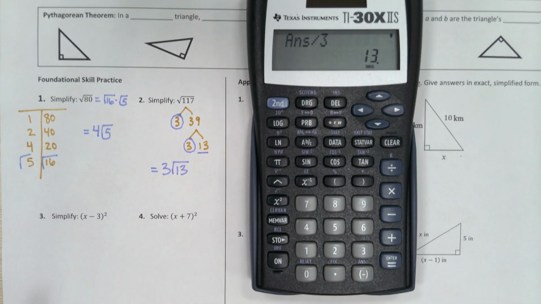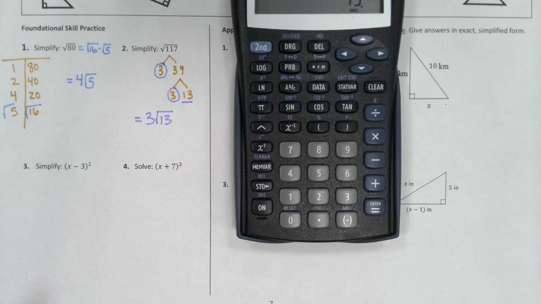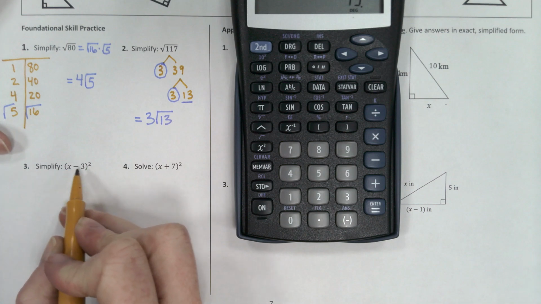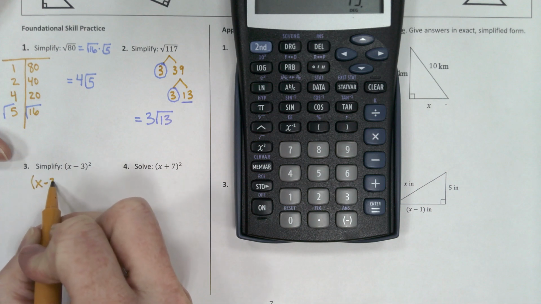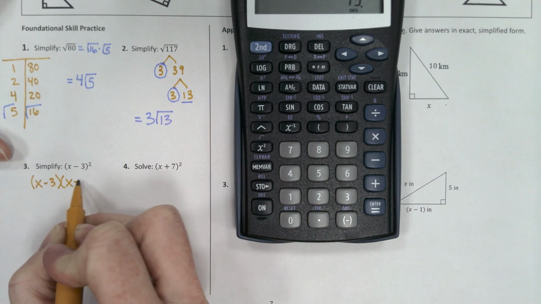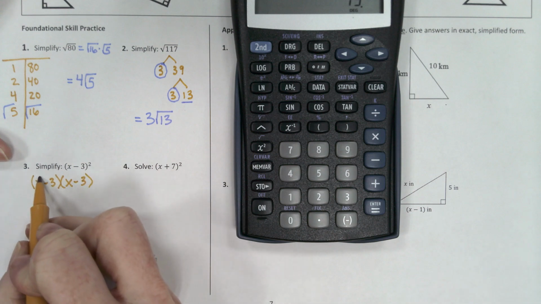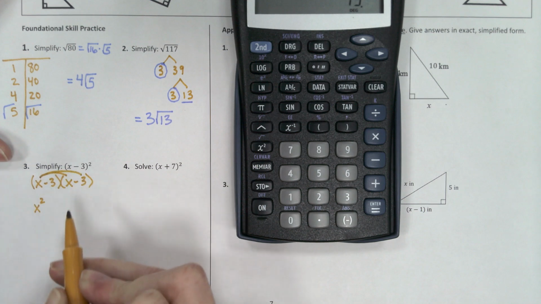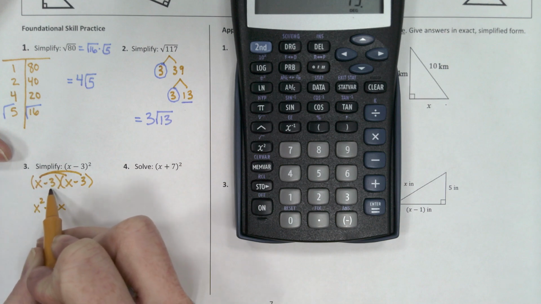We have 2 other algebra skills that we're going to need to remember for some of our problems today. And so just as a reminder, if we're asked to simplify a binomial squared, or anything squared, we need to remember to multiply that binomial by itself. That's really what squaring means, which means we have 4 multiplication problems: x times x, x times negative 3. There's 2 of the multiplication problems.